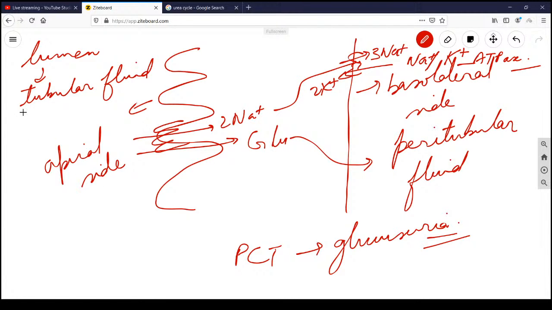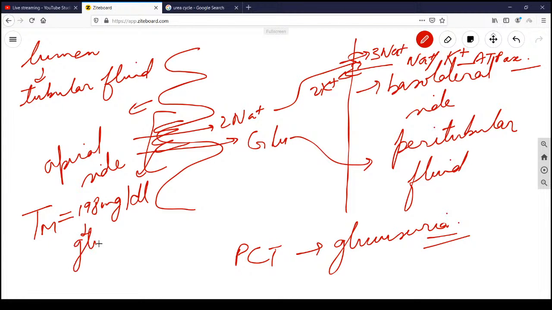For every transporter there is a transport maximum, and the Tm for glucose is 198 mg per deciliter of glucose concentration in the blood. Even if you are highly diabetic, up to that level it will be absorbed by the kidneys.